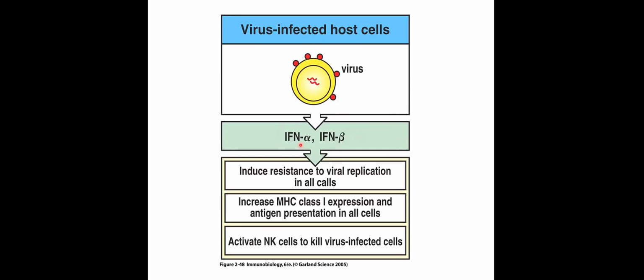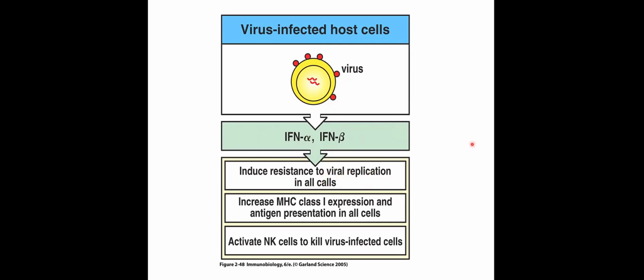And what these do is they get secreted from the cell, and then they can alert other cells nearby that have receptors for interferons on them that there's a virus in the neighborhood and that it's replicating. And these cells can start turning on other pathways that will start inducing resistance to viral replication in all cells.